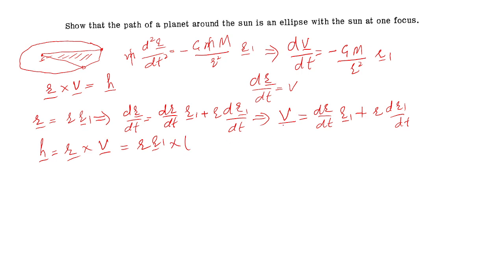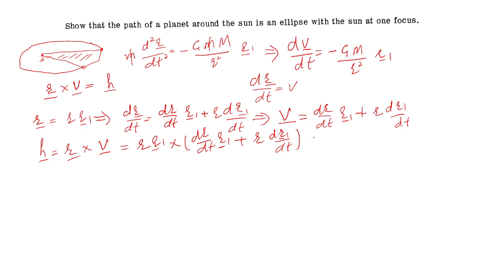So what is v? V is dr by dt r1 plus r dr1 by dt. You see, when you cross r1 with r1, it is 0. r1 cross r1 gives me 0. Then I multiply this r with this, so that is r square, direction r1 and dr1, this is a vector.